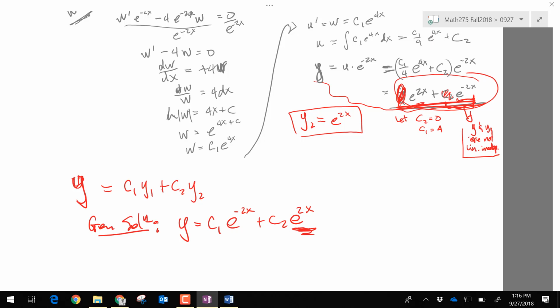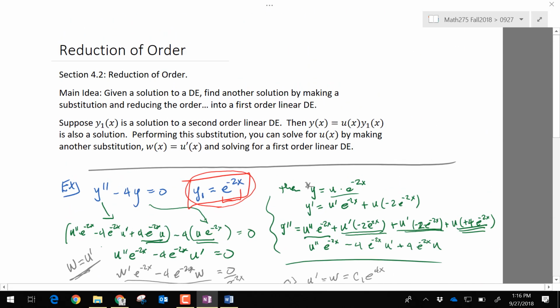Is that tough? It's a lot of steps. I think it's hard to talk about the steps because the steps are just this. First, you have a solution, and then you're going to let y equal u times y1.